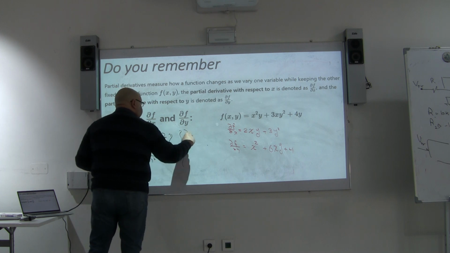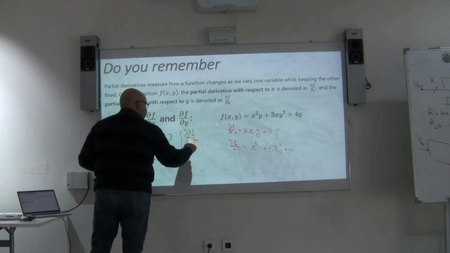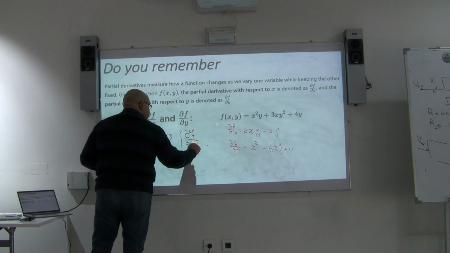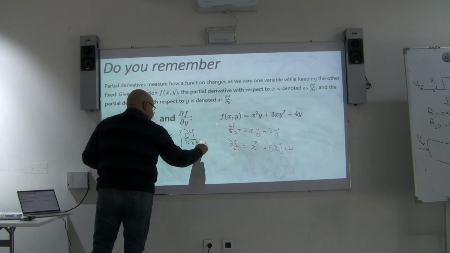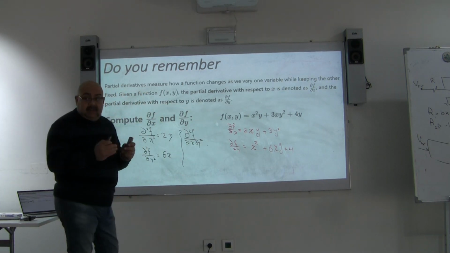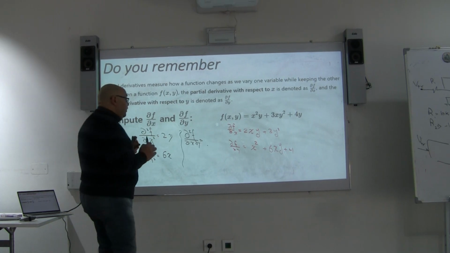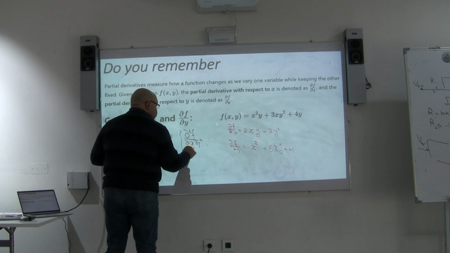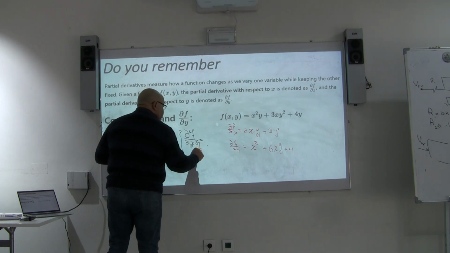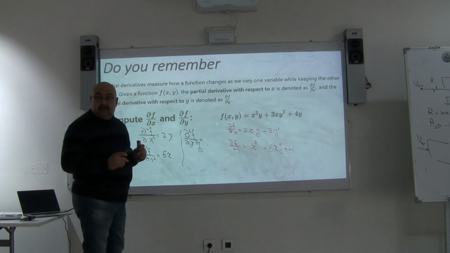Also, if I want to get partial 2f, partial x, partial y, it means I will do the next partial derivative, which means I will differentiate the function the first time with respect to x, while the second time will be with respect to y.